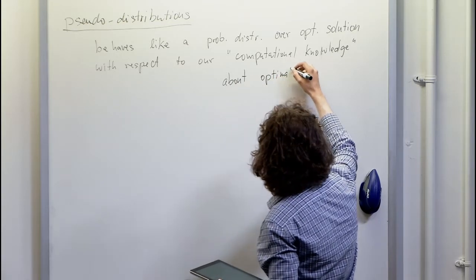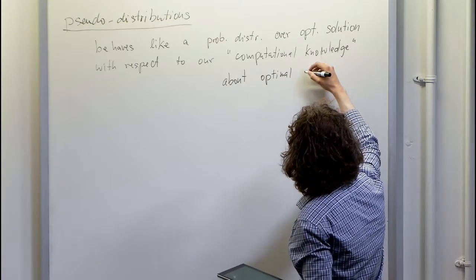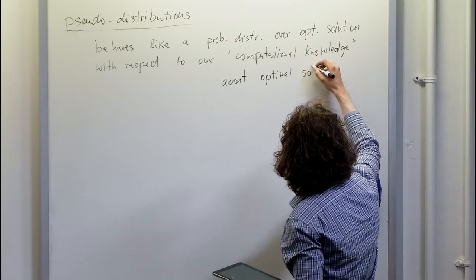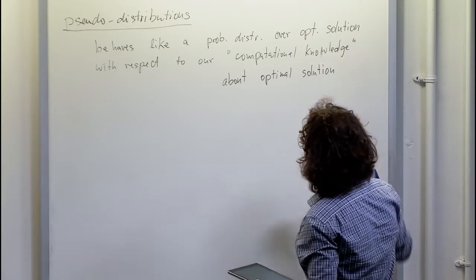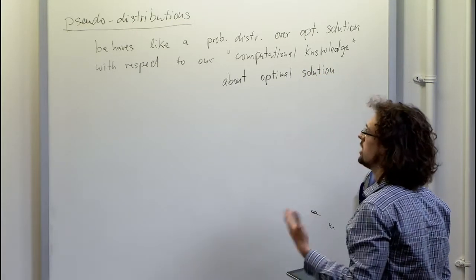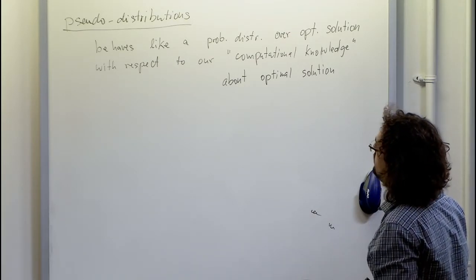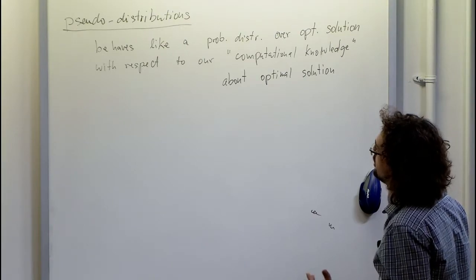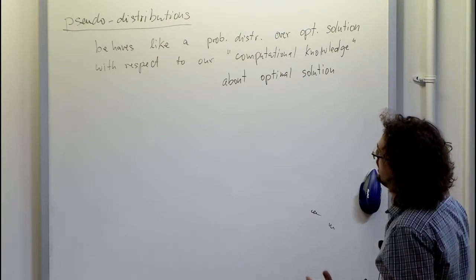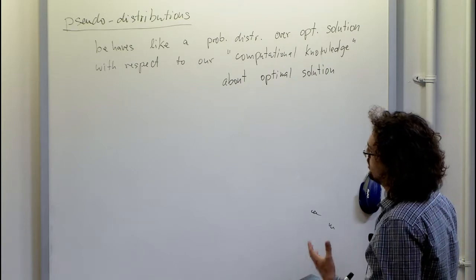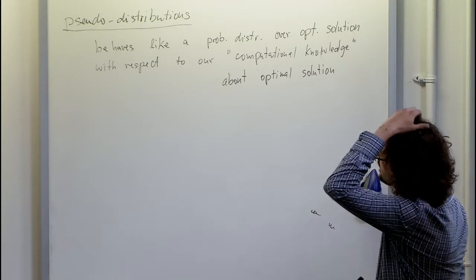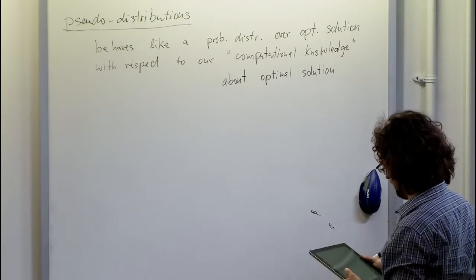So this computational knowledge is something that I will define in a bit. So there's a sense in which you can think about what do you actually know about optimal solutions, and then you can think about what it means to have something that behaves like a distribution with respect to this knowledge. Okay.